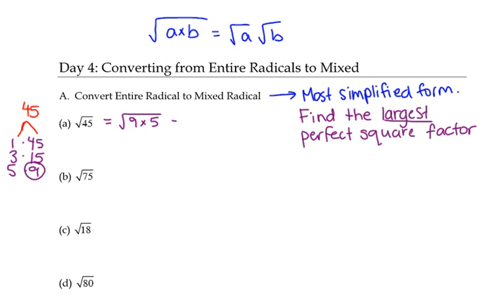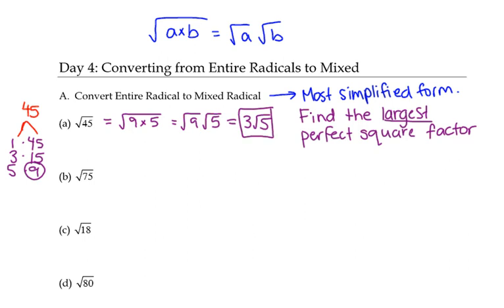Now we can use that property above: instead of writing it under the same house, we can break them up. What's the square root of 9? 3. So the simplified form is 3 root 5.